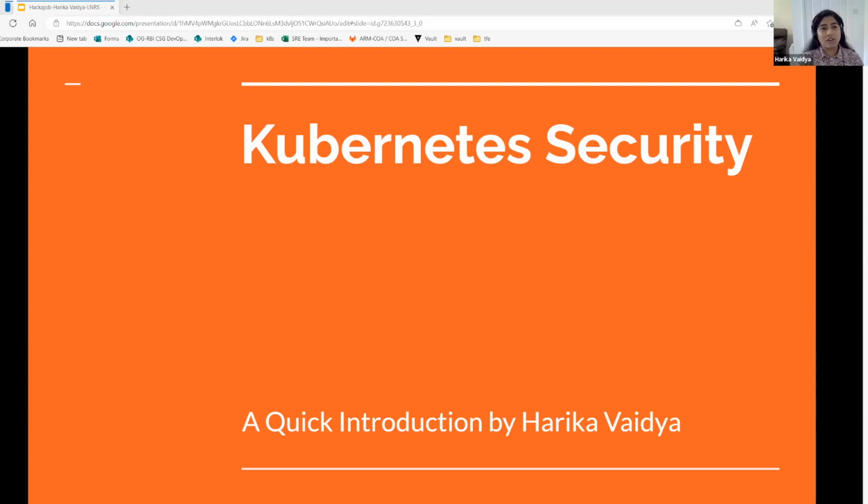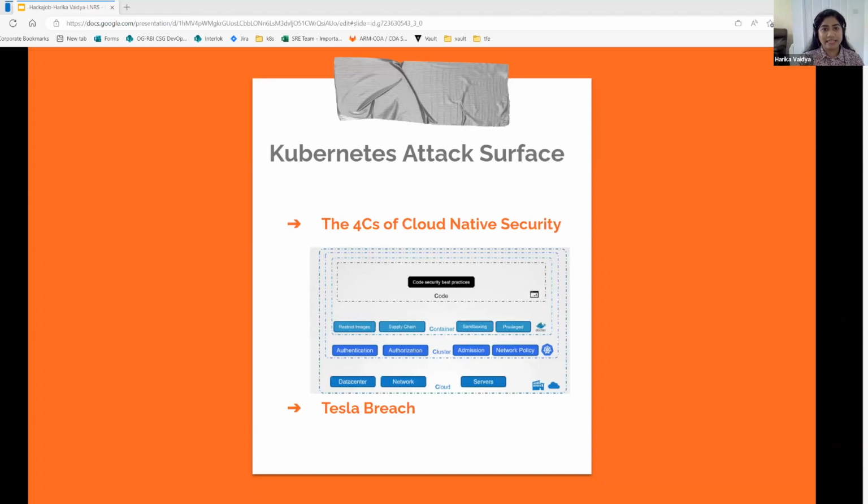I'm talking about the major thing called cloud native security. This deals with the 4 C's, which are cloud, container, code, and cluster. This is the Kubernetes attack surface. Talking about the first C, it refers to cloud security.